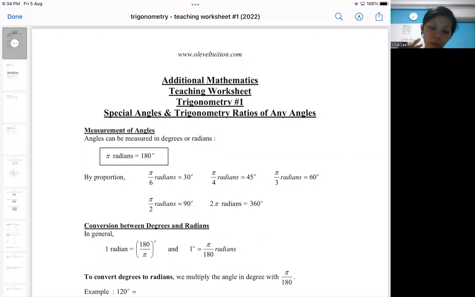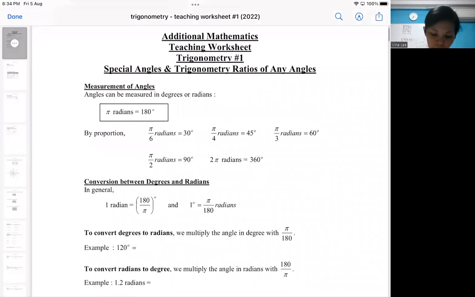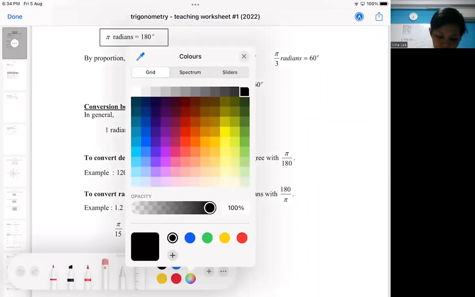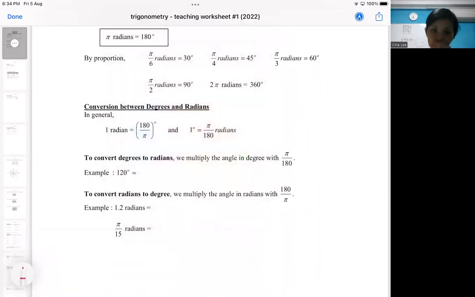Before we get going, in A-Math trigo, you will be dealing with questions in either degrees or radians. So this is just a quick recap. There should be a section just on the conversion.